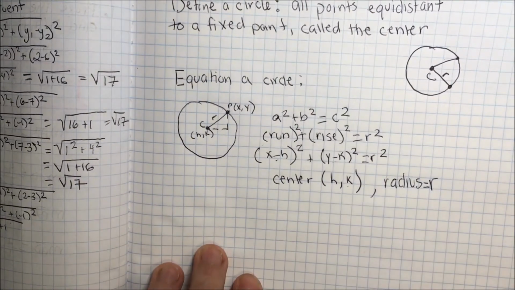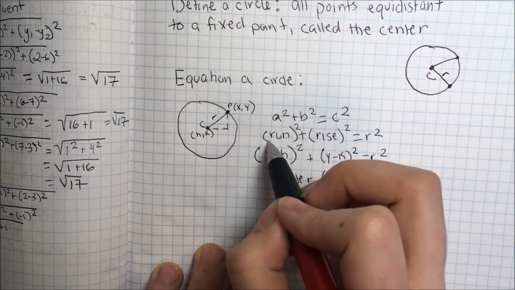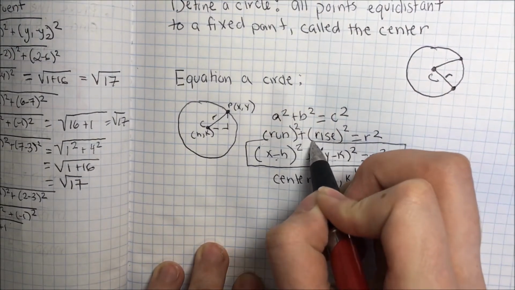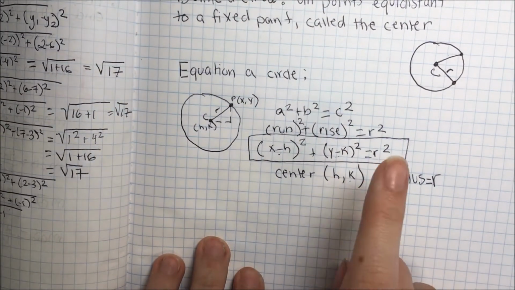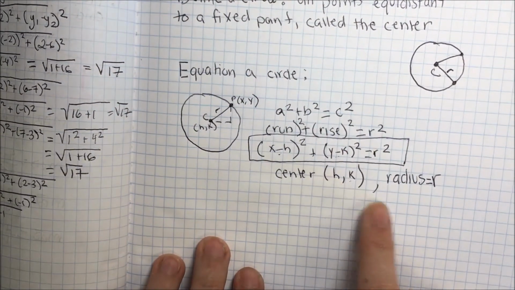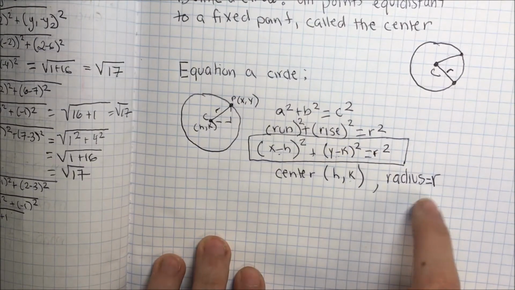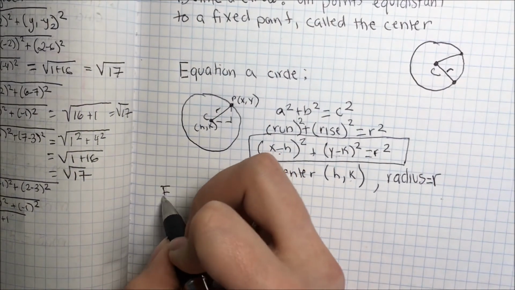So this is the equation of a circle that we're going to be using. So when asked for the center, it's (h, k), and when asked for the radius, it's going to be the square root of r squared. So we're going to look at an example.